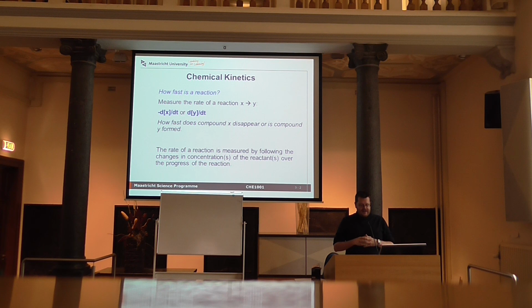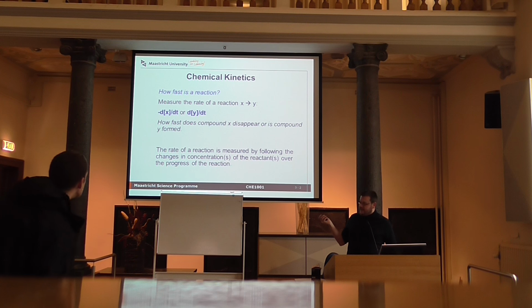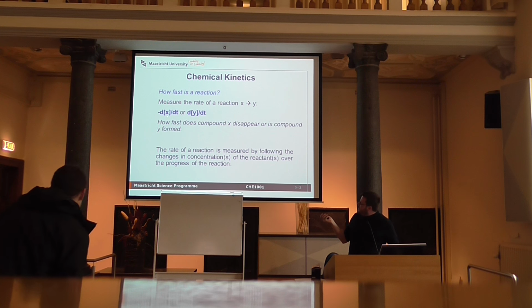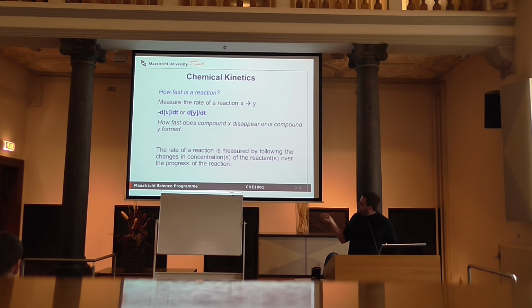Now, what chemical kinetics is really concerned with is measuring the rate of a chemical reaction. And what you see here is the rate of the reaction expressed in terms of the change in the concentration of X over the change in time. Now, this is assuming that the concentration of X is the starting material.